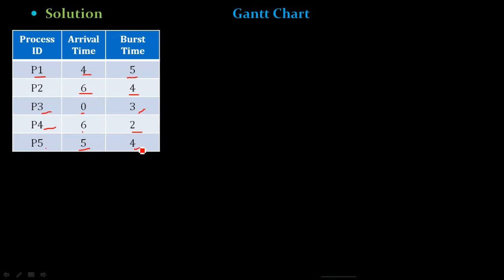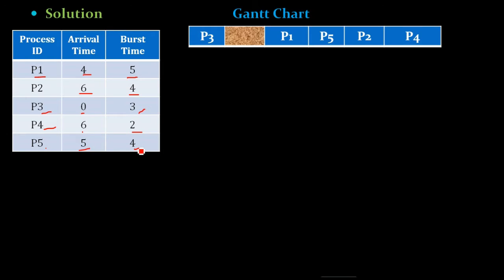In this Gantt chart, we have to look at the arrival time. The arrival time of P3 is 0, so at time 0 P3 arrives and its burst time is 3. So it is executed for 3 milliseconds, and thereafter the next arrival time, the shortest arrival time, is 4 milliseconds.